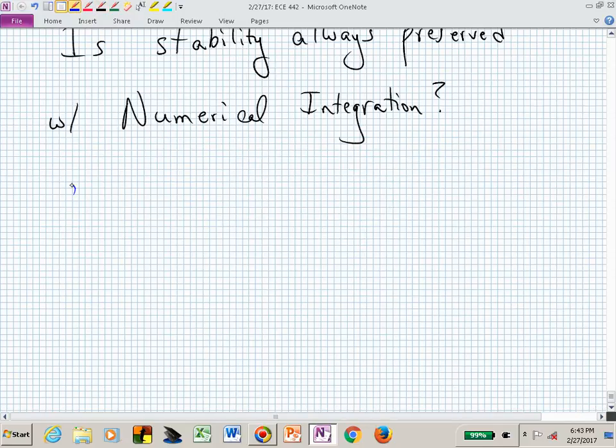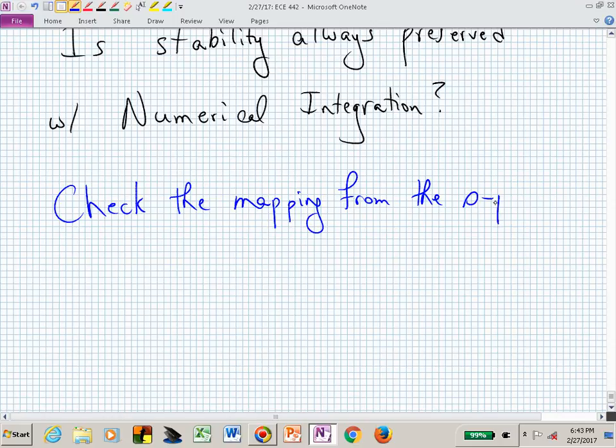And the way that we can investigate that is we can check the mapping. And this is actually getting us ready to jump into the pole zero mapping technique of discrete equivalence on Wednesday. But let's now check the mapping for stability purposes from the S plane to the Z plane.